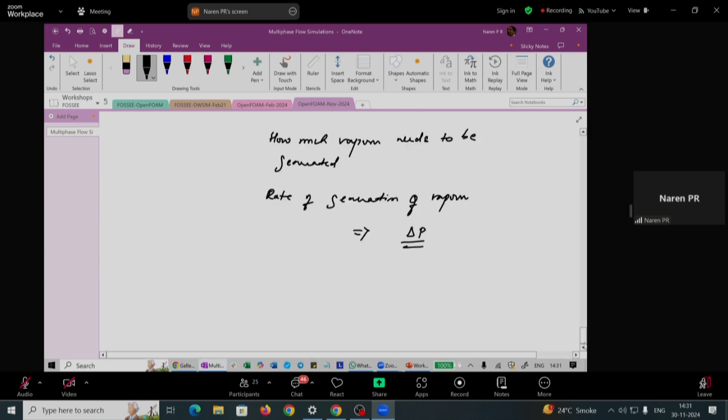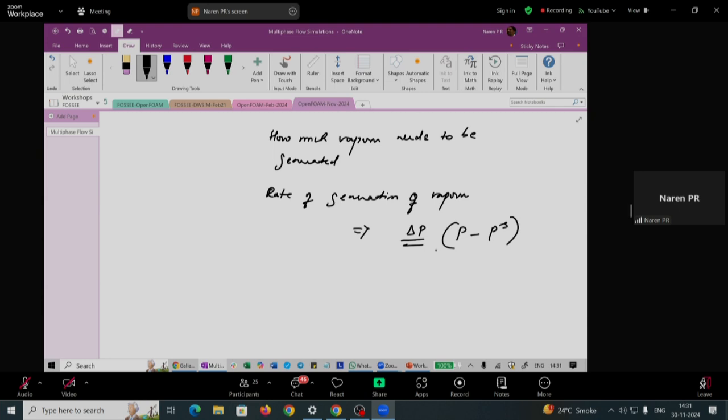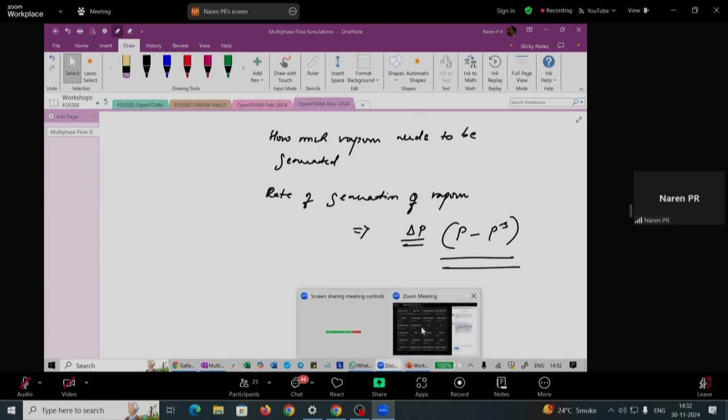What I call the pressure drop here is not the actual pressure drop in the fluid phase. It is the pressure in the fluid minus the saturated vapor pressure. Only if this term becomes negative, if it becomes less than that, will the source term get activated. Otherwise, if the pressure is greater than the saturated vapor pressure, this source term will be off. So that means you will not see a vapor. So I think that's on the cavitation question.